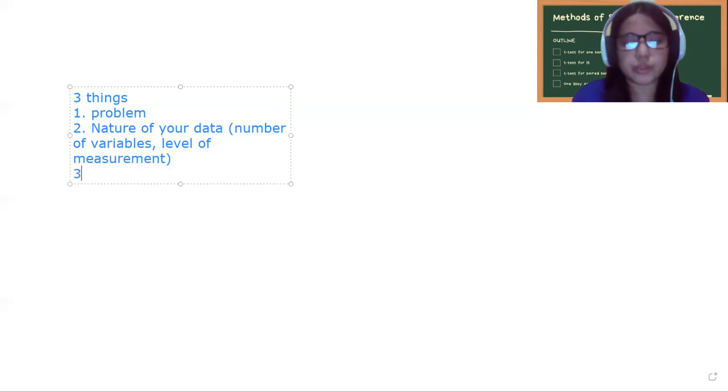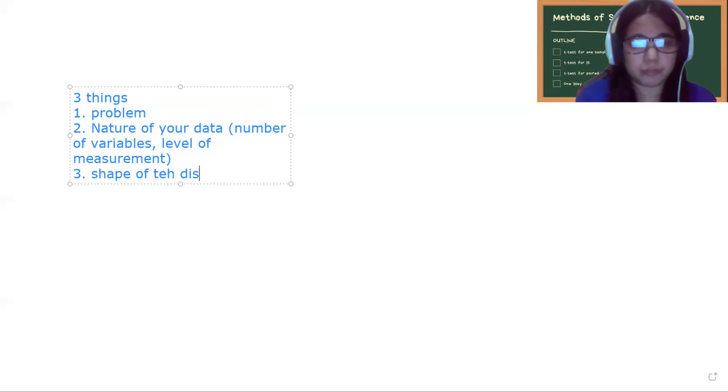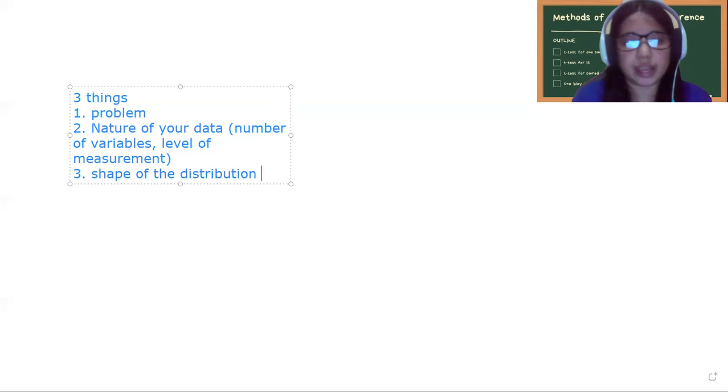Number three, you also need to consider the shape of the distribution. So for the shape of the distribution, you have to be aware whether your data is normally distributed or not.